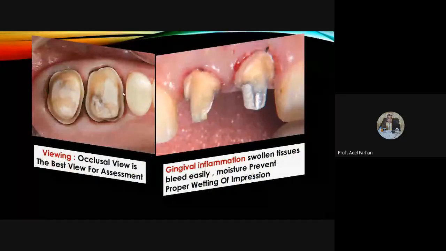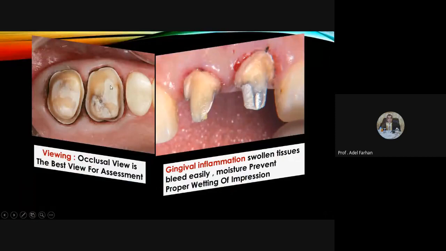After retraction, you assess with a crucial view. To be sure the retraction is done, you must take a crucial view with the mirror, so that by this view you can see all the margin of your preparation.